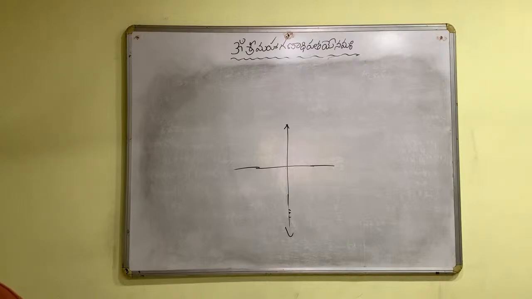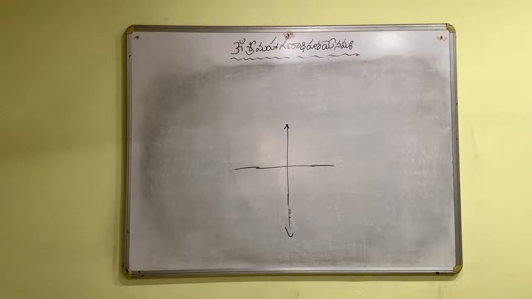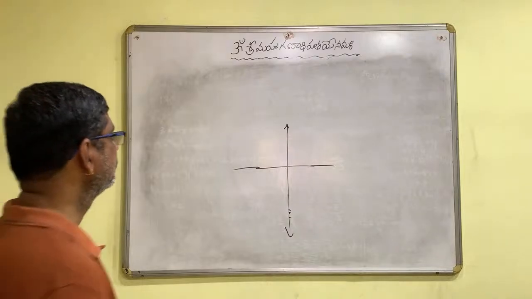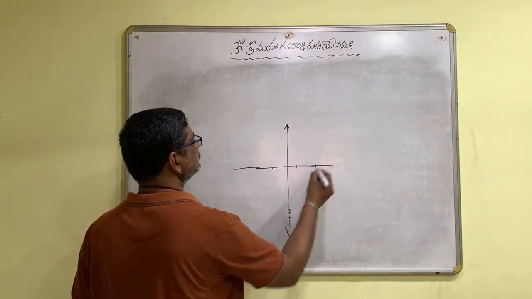Y coordinate. Very good. The other name of ordinate is y coordinate, right? So now read the question: the y coordinate of every point on x-axis.